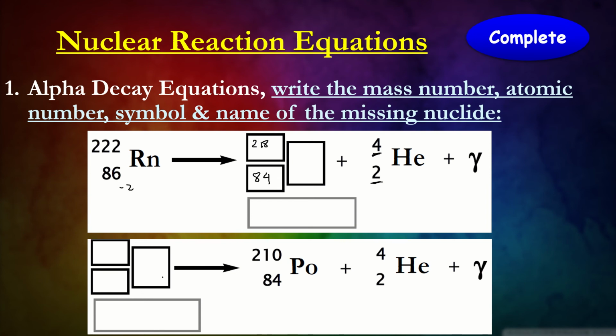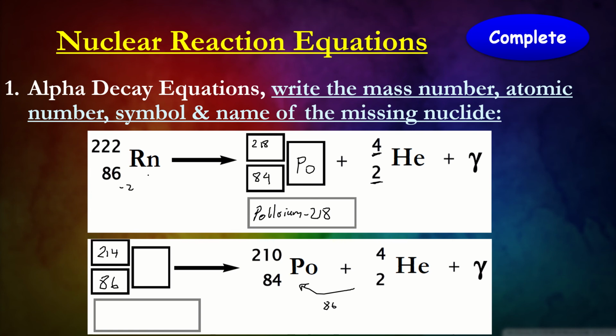Same idea here. If we go backwards, we can find that these two added up together should be 86, and then these two added together would be 214. So if we actually have a look, that's already given to you here. So we have polonium 218, so Po 218, polonium, I think that's how you spell it.